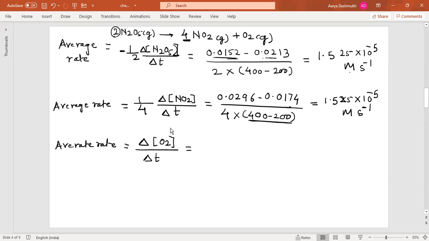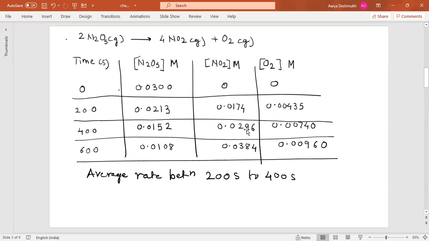So this will be equal to, again go to the earlier slide. Look at the third column here. This is the concentration of O2 after 200 seconds, and this is the concentration of O2 after 400 seconds.